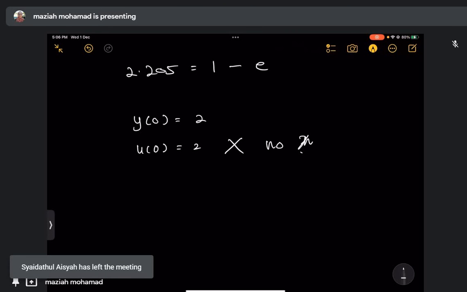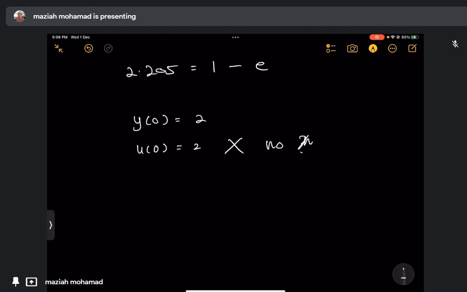So basically, if there is nothing mentioned about initial condition, we just assume it is zero initial condition. Meaning there is nothing saying that u0 or y0 equal to something, so we consider that equal to 0.